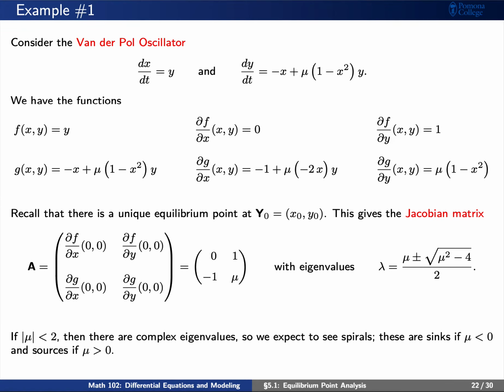If the absolute value of mu is less than 2, we find that there are complex eigenvalues, so we expect to see spirals. In fact, if mu is negative, this is the real part, then lambda here will give us spiral sinks. On the other hand, if mu is positive, then we expect to find spiral sources.